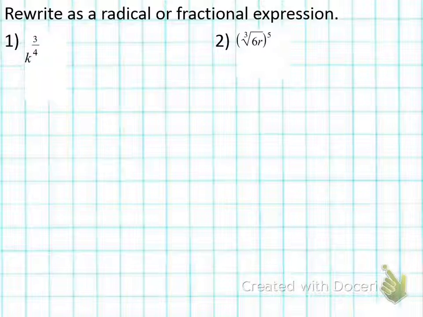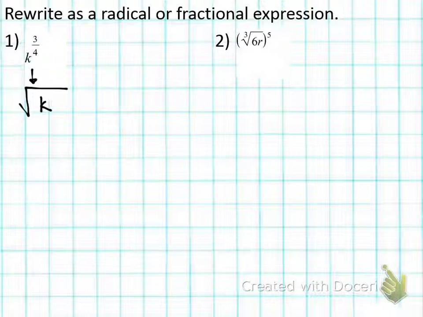Rewrite as a radical or fractional expression. Number 1 says k to the 3/4. Let's say you were just focusing on one expression, or one term. If you wanted to convert this to a radical, all you'd have to do is take the base of k and make it a radicand.